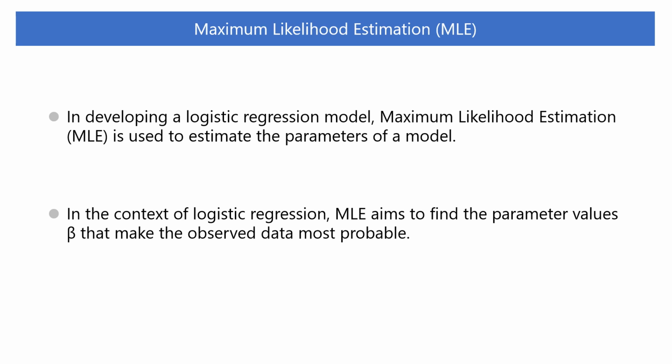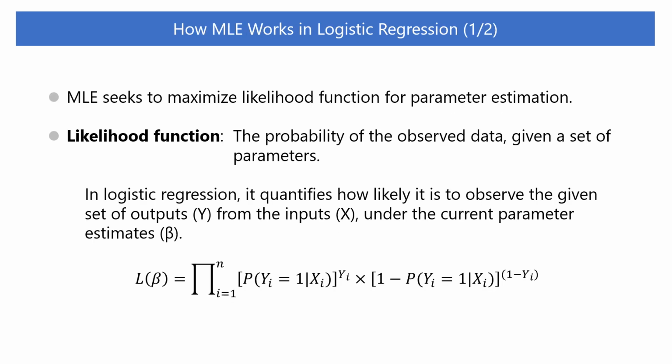In the context of logistic regression, MLE aims to find the parameter values beta that make the observed data most probable. In MLE, the process of finding the best parameter values involves maximizing the likelihood function.